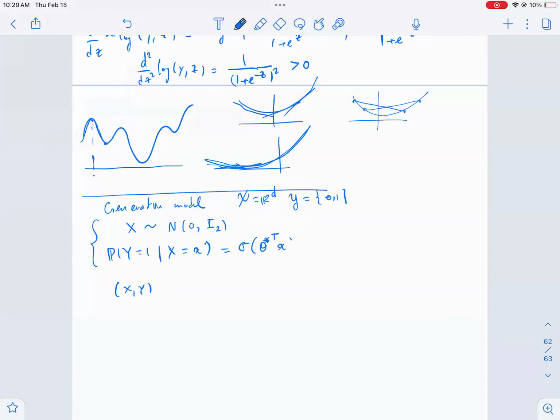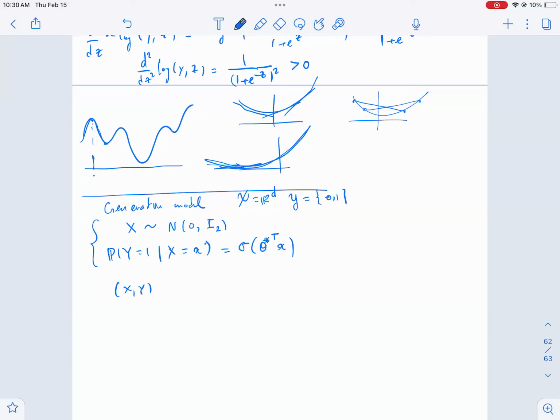But this is the best case scenario, generating data from the model that actually follows my assumption. It's very similar to linear regression: just generate from the linear regression model, then try to fit it. So I don't have to worry about the bias, that my model cannot capture this relation.